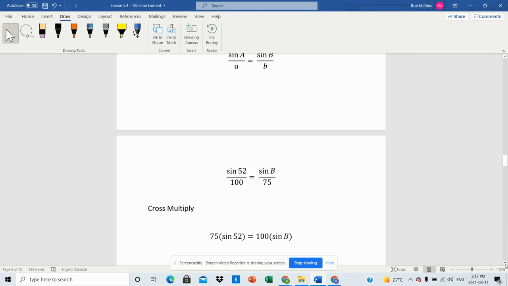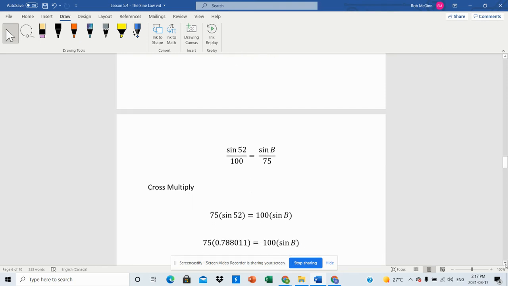Now we're just going to simplify this, and then we're going to eventually solve for b. So sine of 52, when we do that in our calculators, it's going to work out to 0.788011. So 75 times that is equal to 100 times the sine of b.